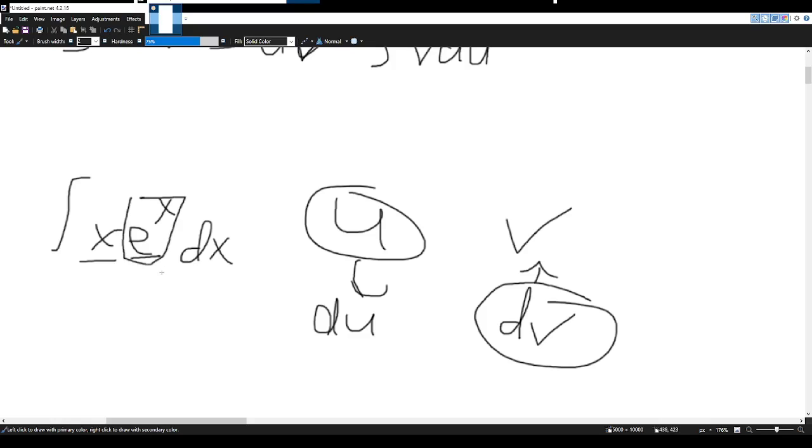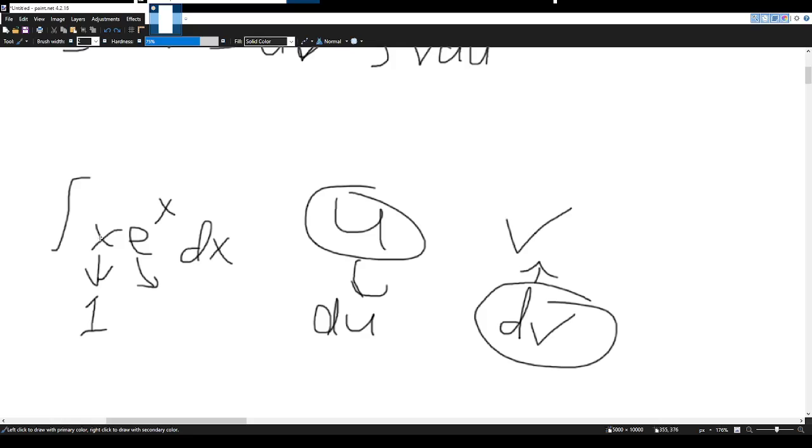So based on the first guideline, we would have e to the x be dv. Now, the second guideline says you should let u be the portion whose derivative is a function simpler than itself. If we differentiate x, we just get 1. If we differentiate e to the x, we just get e to the x again, so it's not going to make it simpler.